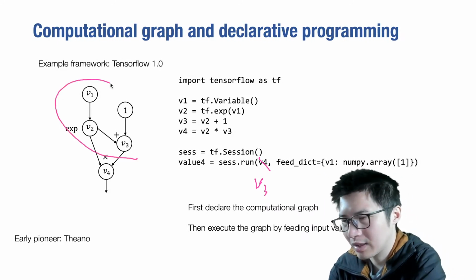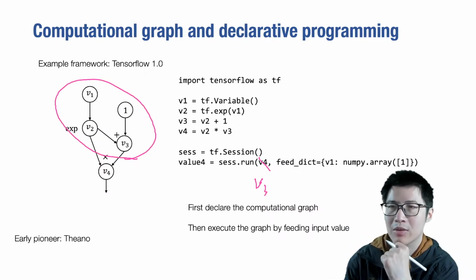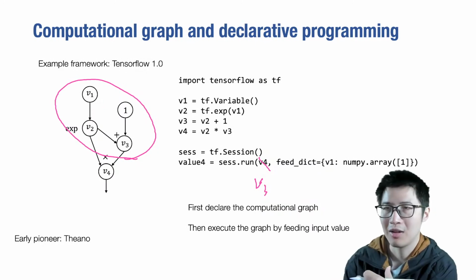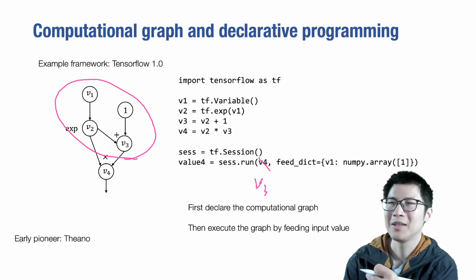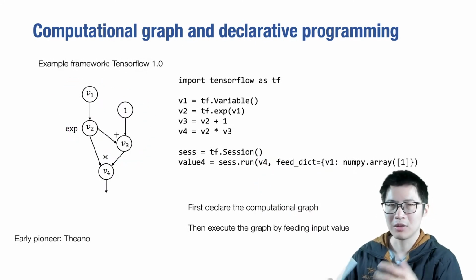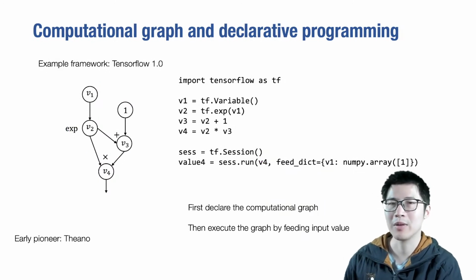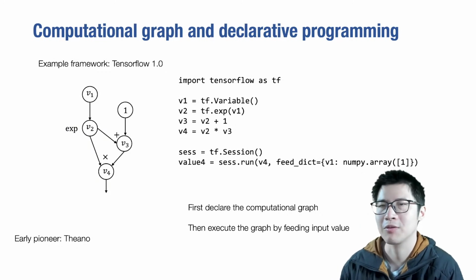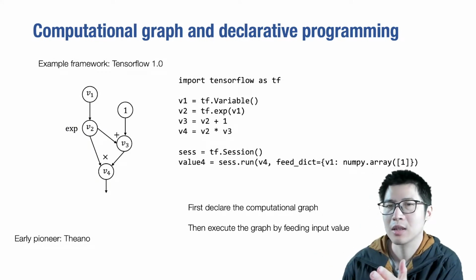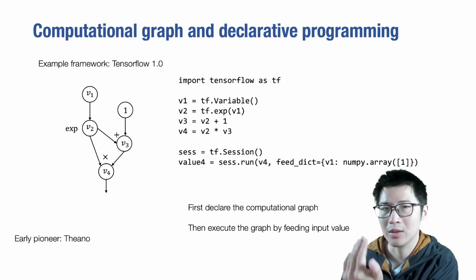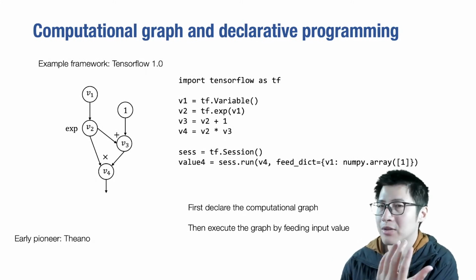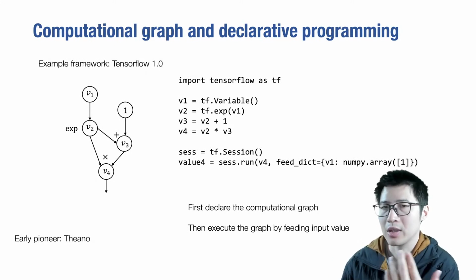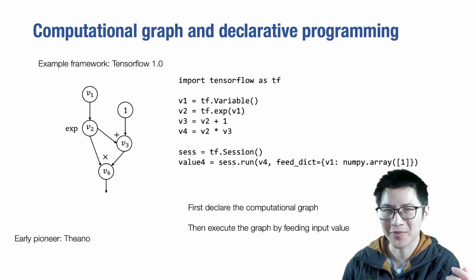So let's only execute this part of the computation graph instead of all the components, right? So it gives you the opportunity to look at a computational graph and skip some of the computation that is unnecessary. And it does happen. For example, if you have a forward computational graph and you take the gradient with respect to that, imagine that you're only interested in gradient values, but not in computing the loss function values. Actually, you can skip the loss function computation in a lot of cases.